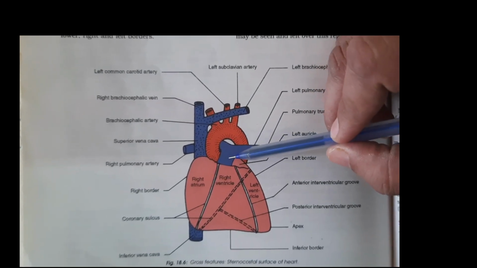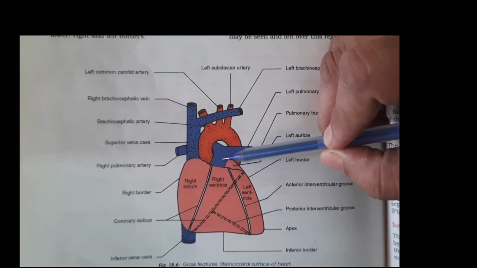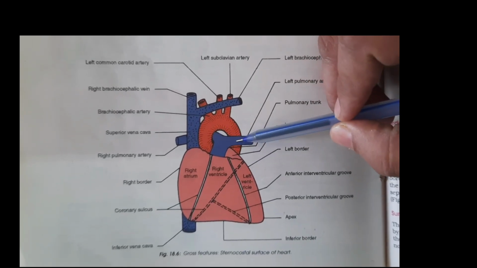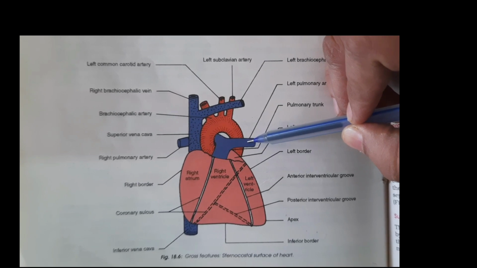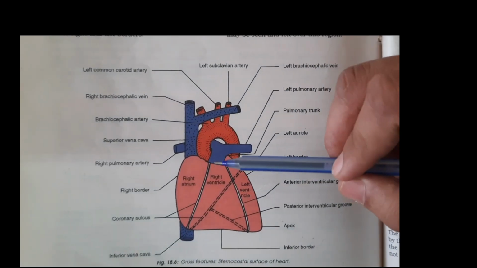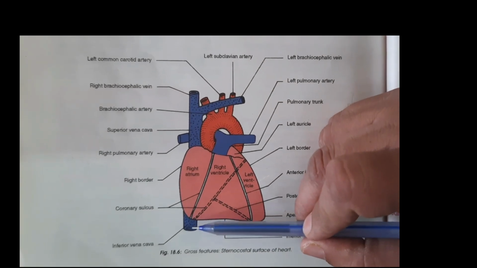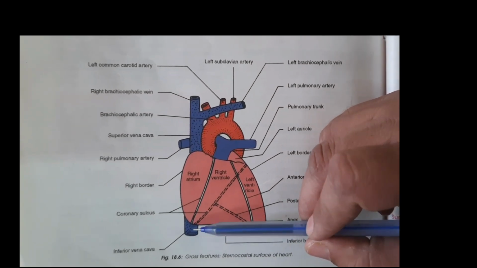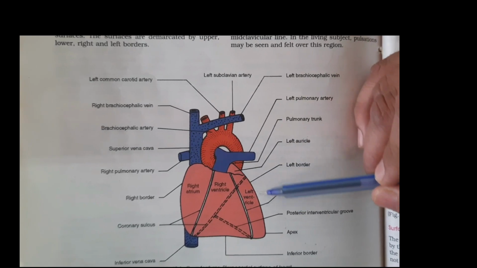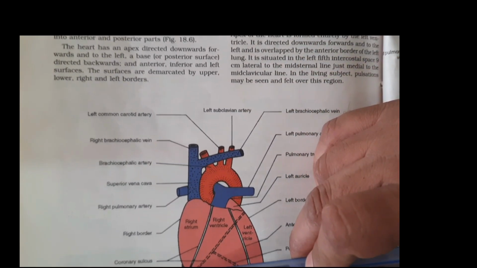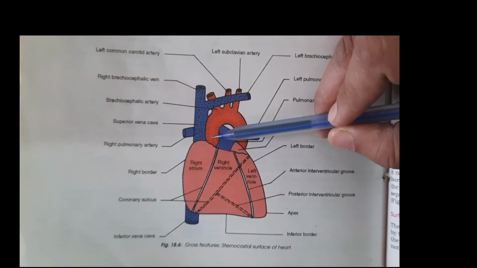Left to the ascending aorta we can see the pulmonary trunk, which has two divisions, right pulmonary artery and left pulmonary artery. And lastly, in the inferior aspect near the right border, we can see the inferior vena cava. So we can see these four great vessels: superior and inferior vena cava, aorta, and pulmonary trunk.